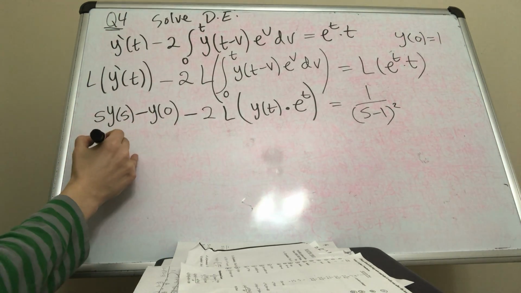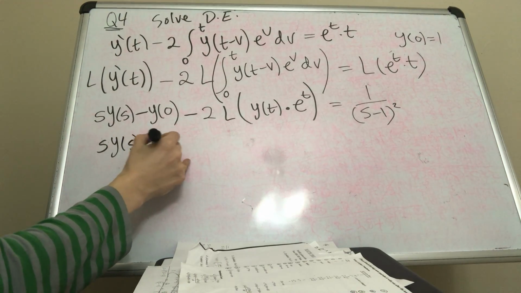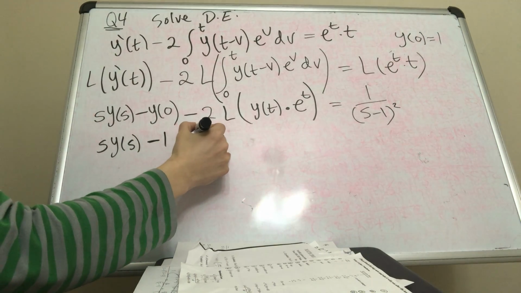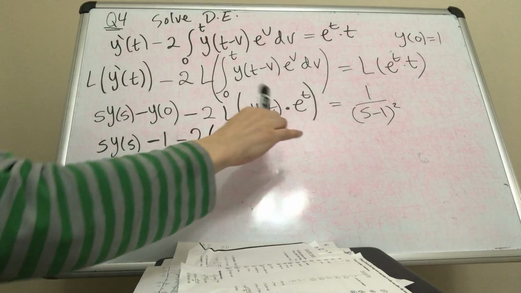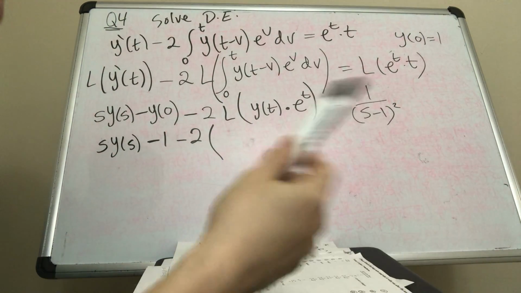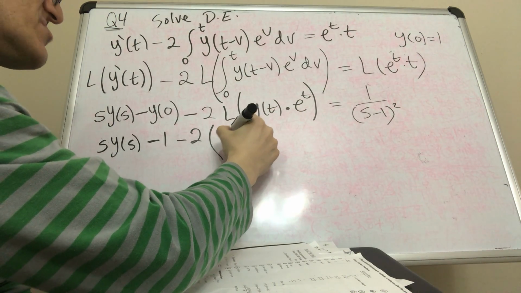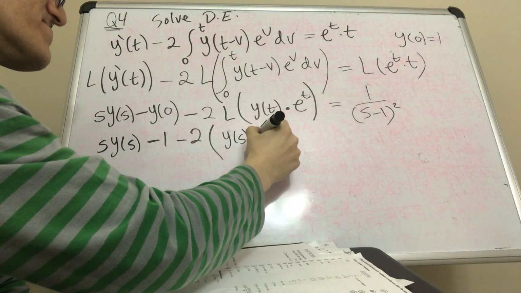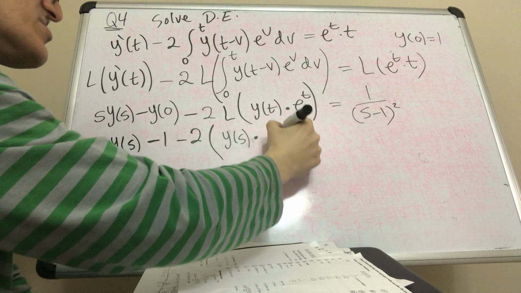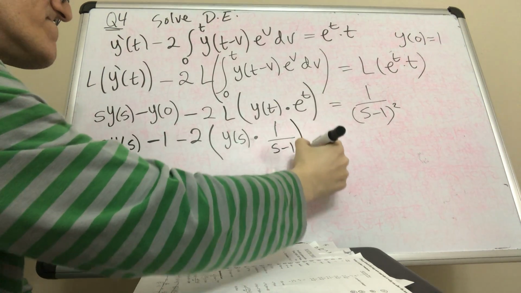Y at 0 is 1, so you have s y of s minus 1, minus 2. Now here, since this is part of the integration, you can do it as a product. The y t transforms into y of s, and e to the t transforms into 1 over s minus 1.